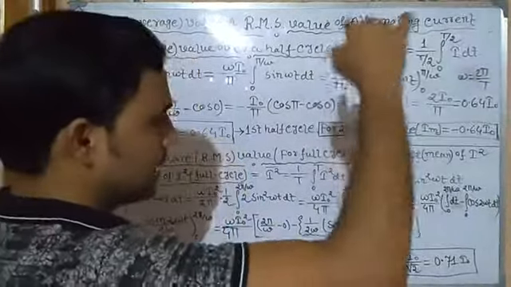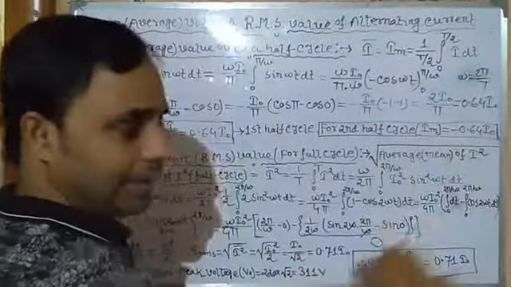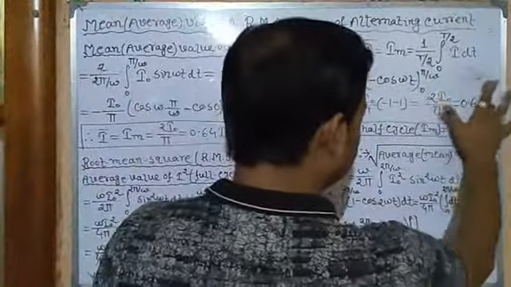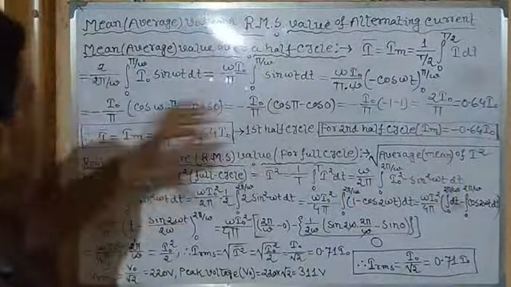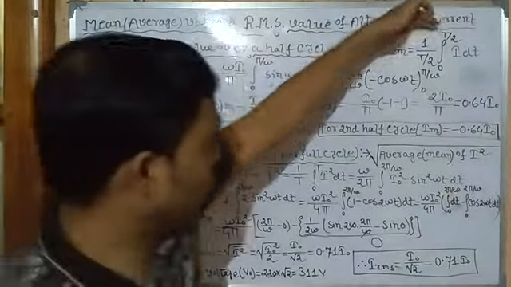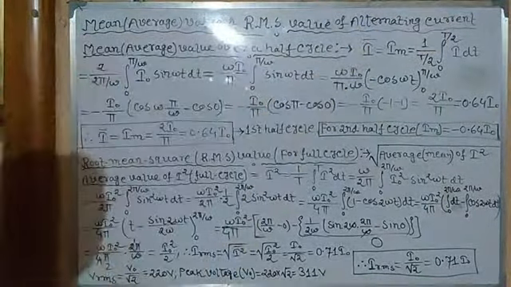For a complete cycle, it generates 2 pi angle, pi and pi. So it's 2 pi by T. Clear? Very easy. So now T by 2 is pi by omega, and the 2 cancels, giving pi by omega.